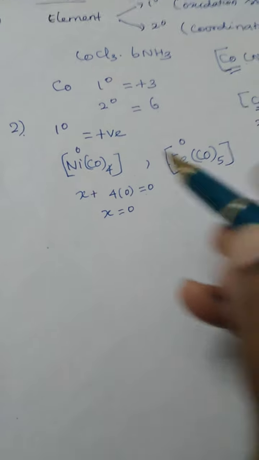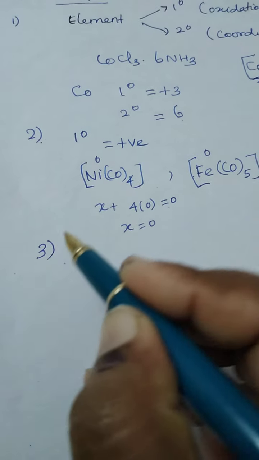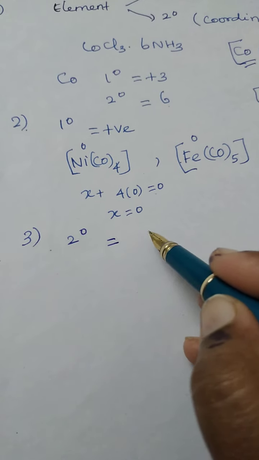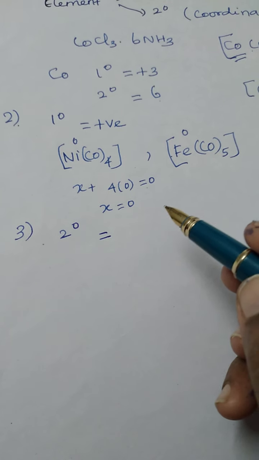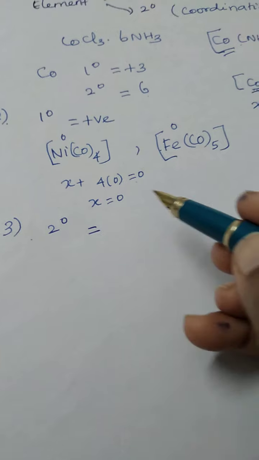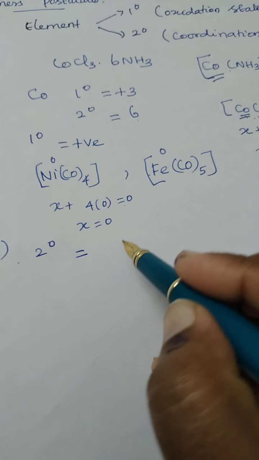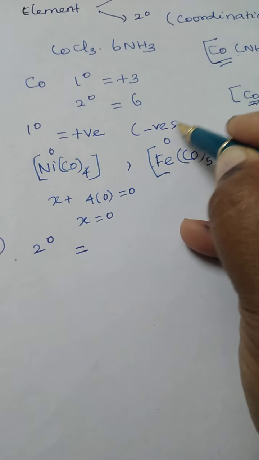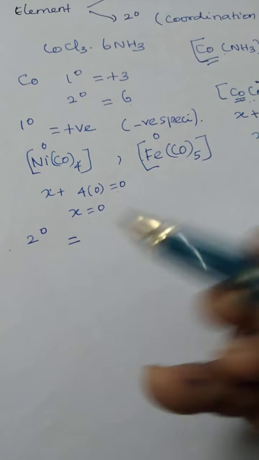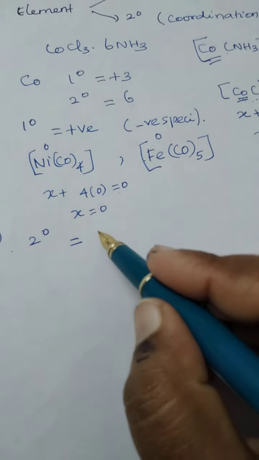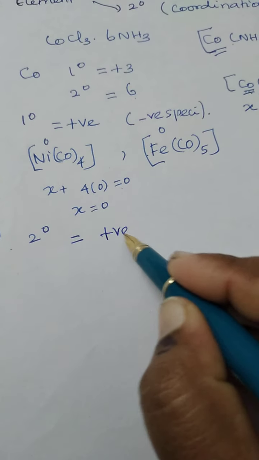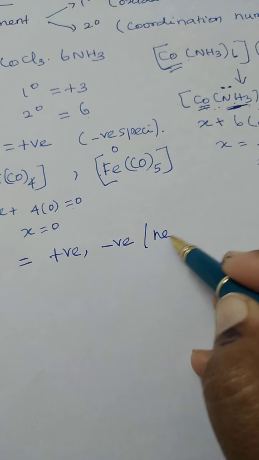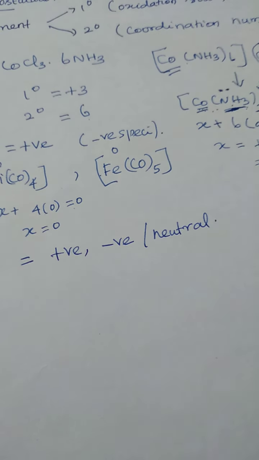And the third point, the secondary valency. The secondary valency can be satisfied either by a negative ion, a neutral molecule, or a positive species. The primary valency can be satisfied only by negative species, but the secondary can be satisfied by positive species, negative species, or neutral ligands.